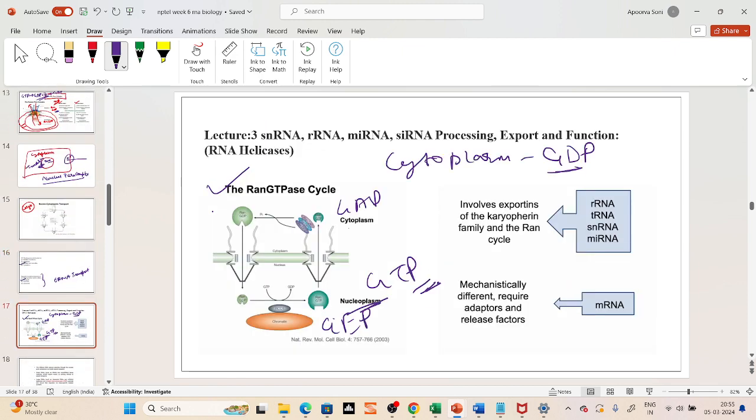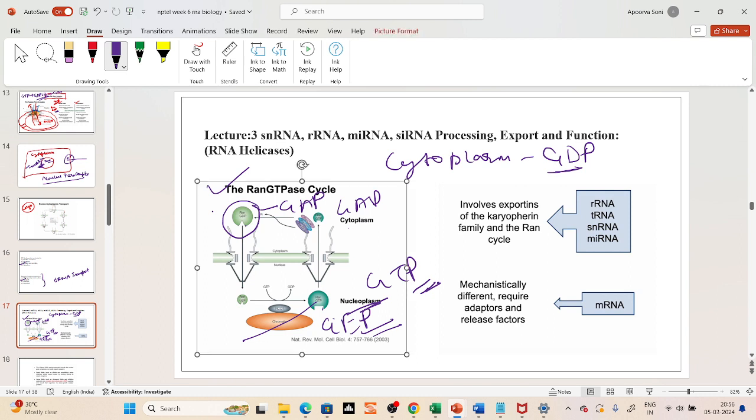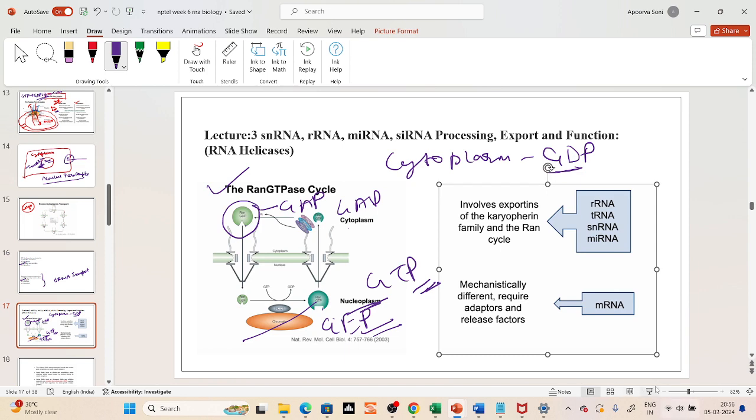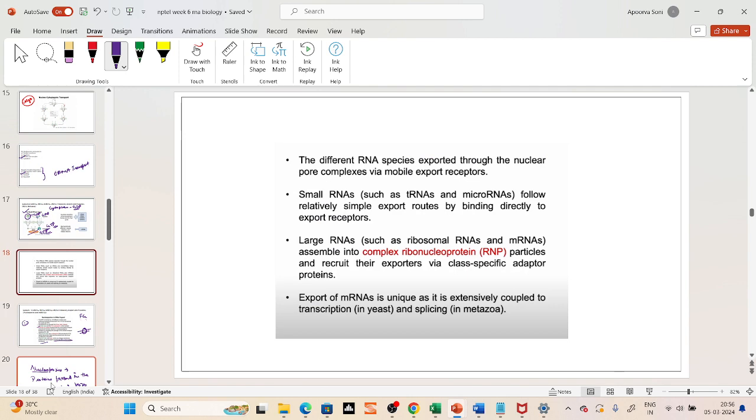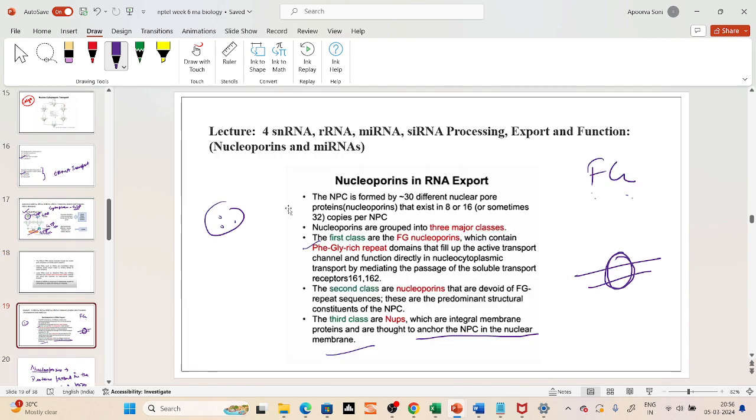And then we saw the RAN GTPase cycle. Always remember, in the cytoplasm, GDP is more. In the nucleoplasm, GTP is more. If GDP is more, that means GAP is there. If GTP is more, that means GEF is there. Important: GDP, GAP. GTP, GEF. Then we studied nucleoporins.